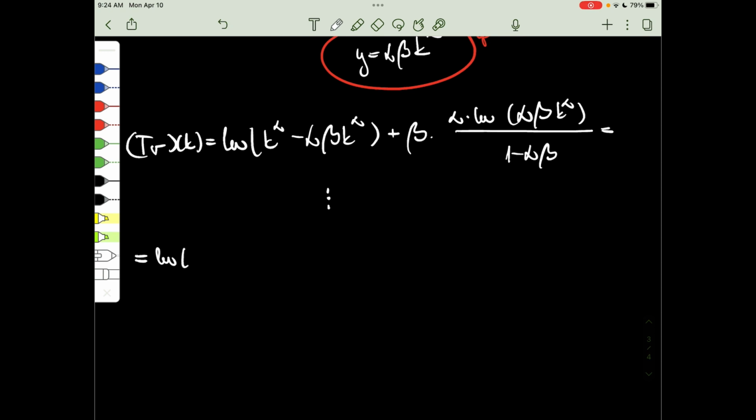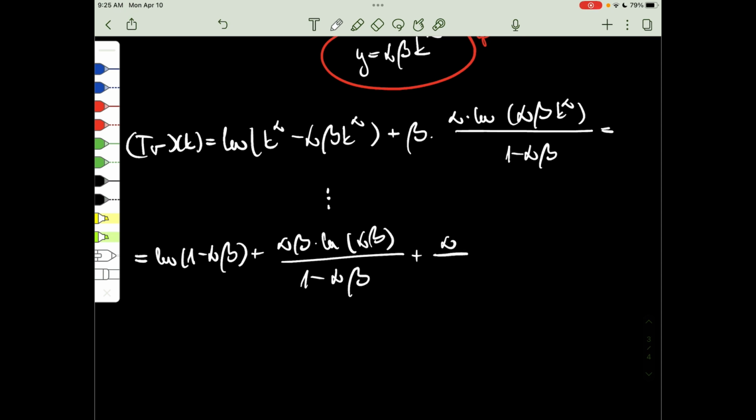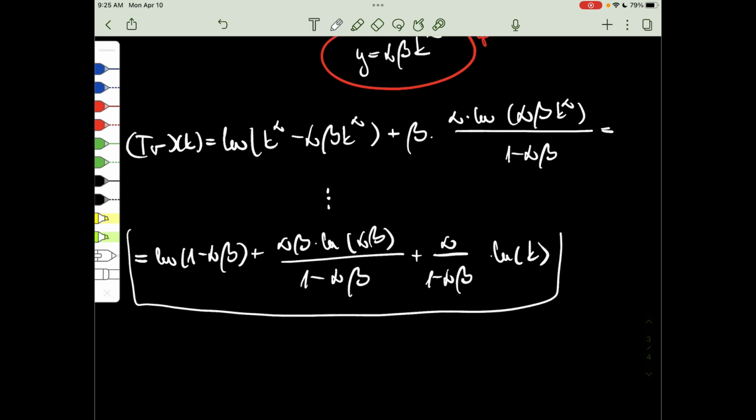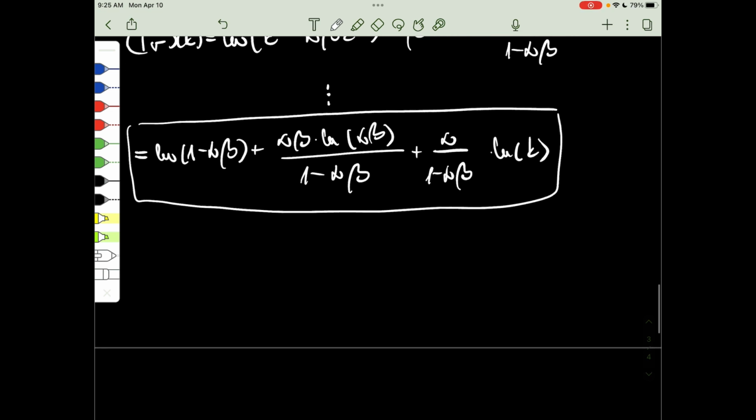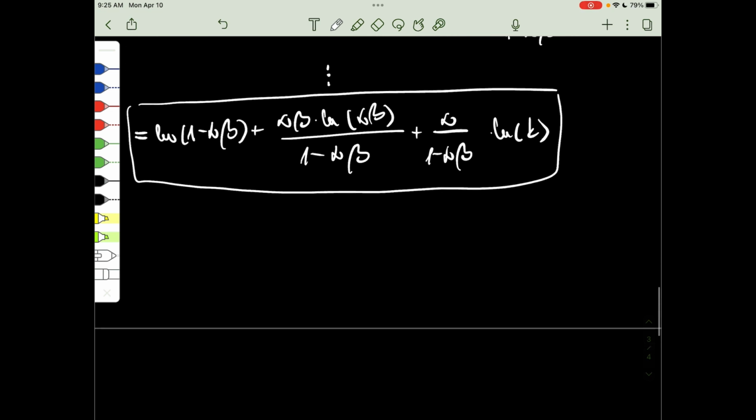So after one iteration, this is where we are. So we have the outcome of the first iteration. Let's use the operator again.